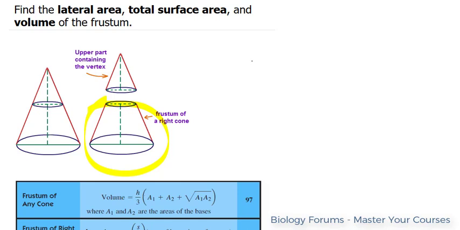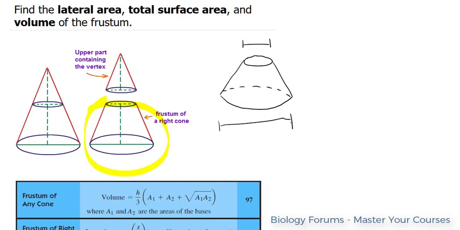So let's redraw this frustum, do my best here. And let's pretend that we've been given the diameter for the top and the diameter for the bottom. Now, just to be more clear, we're talking about this diameter, which is the distance across the circle.